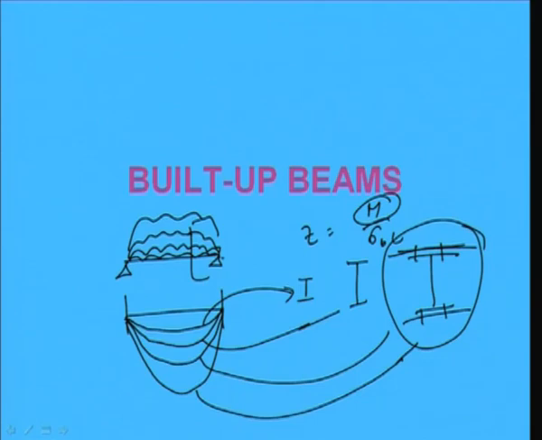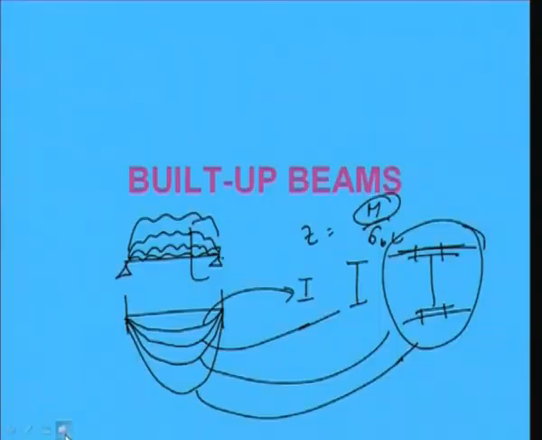However, before going to the details of the built up sections, first I would like to quickly complete the earlier remaining portion of the lecture. In the earlier lecture, I was discussing the design procedure of beams or plate sections with unequal flanges. These unequal flanges come mainly when it is made as a built up section.